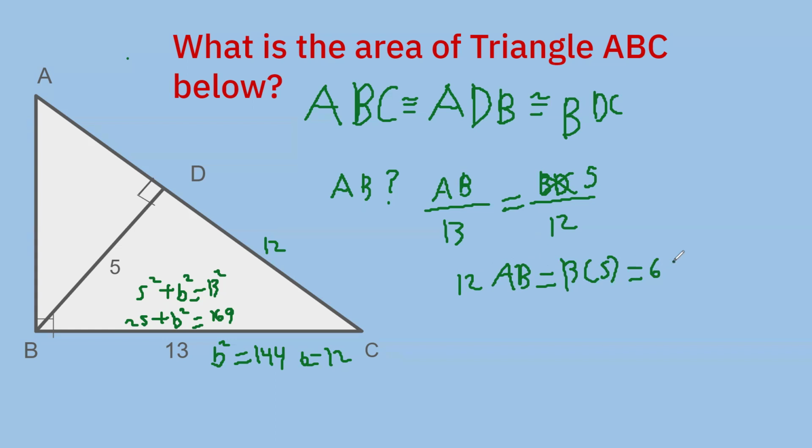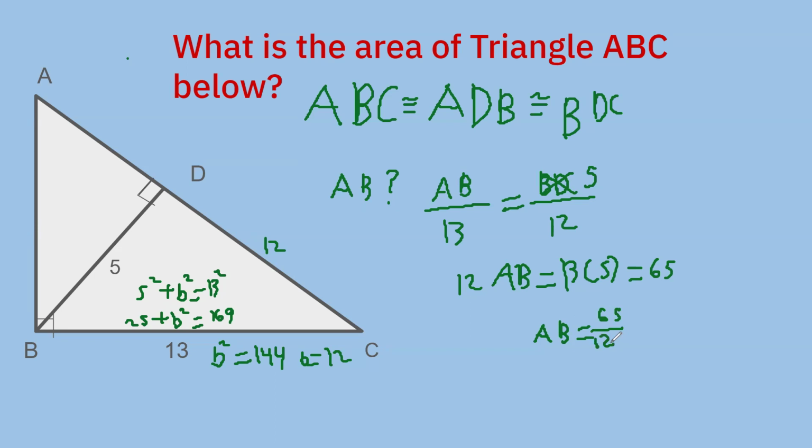Perfect. And then we get AB equals 65 over 12. You can just leave it as a fraction for now. It didn't say to give it in decimals, so we can do it like this.